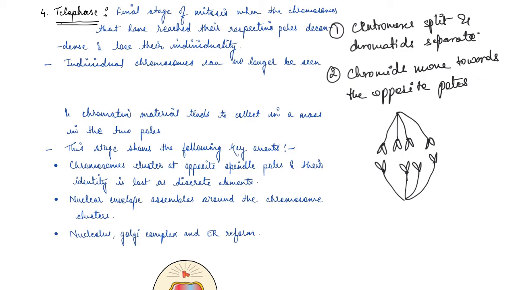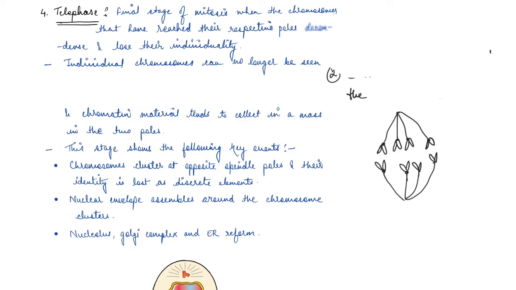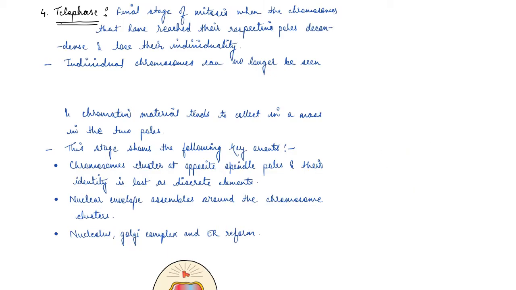Now let's see what happens in the last phase of mitosis, in telophase. This is the final stage of mitosis where the chromosomes which have reached their respective poles decondense and lose their individuality. All the chromosomes which have reached the two opposite poles were condensed sister chromatids. They start to decondense and they become one.